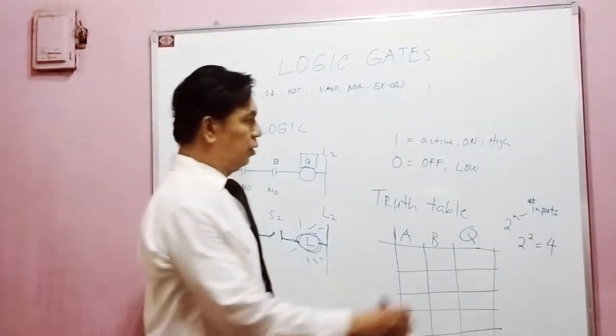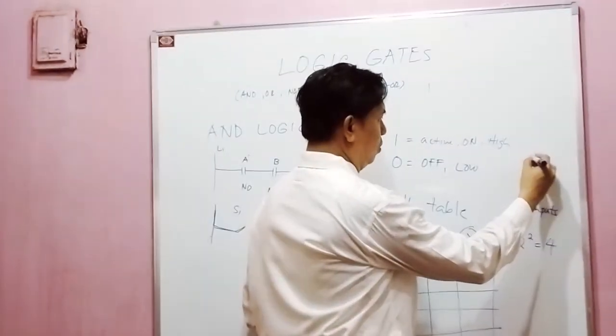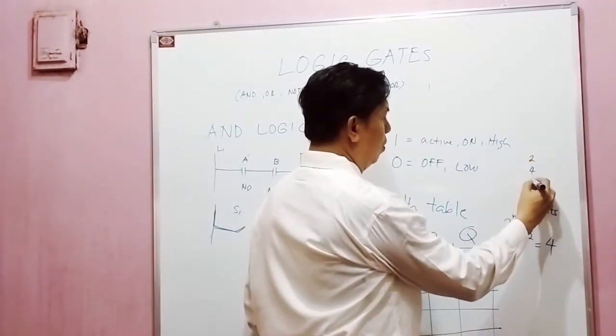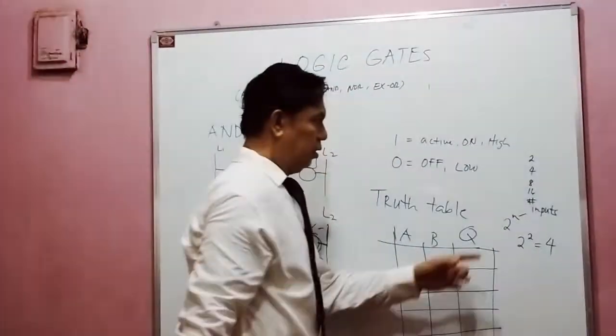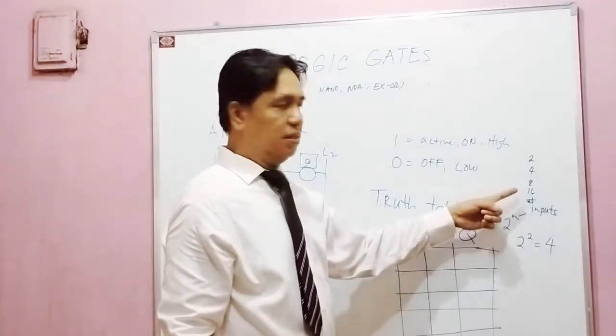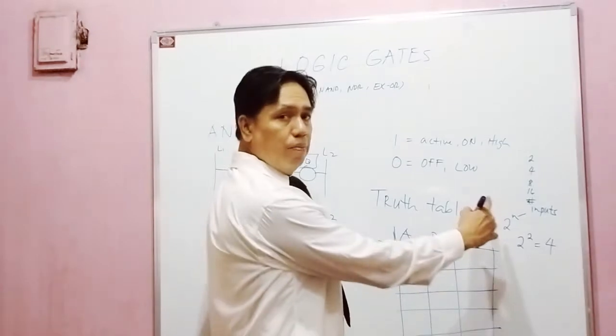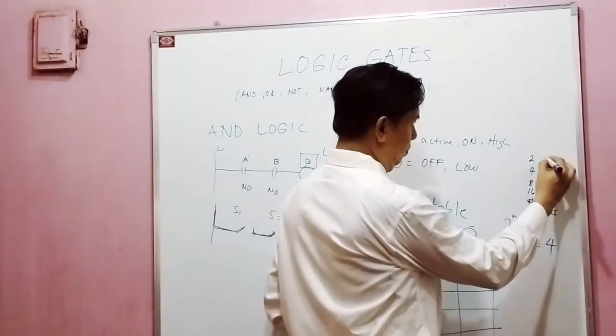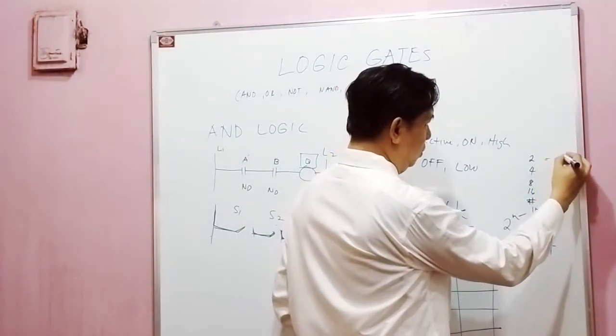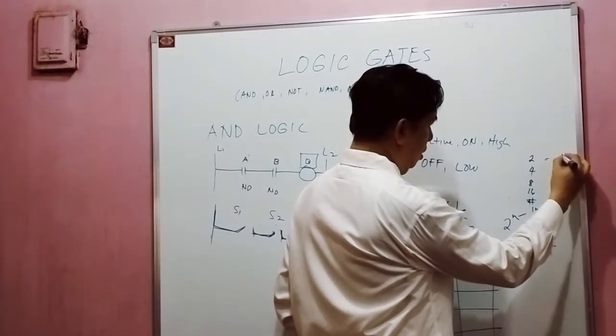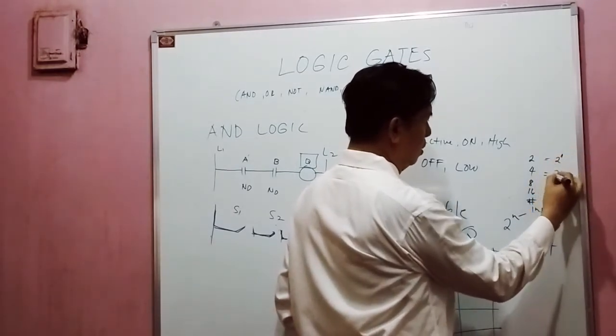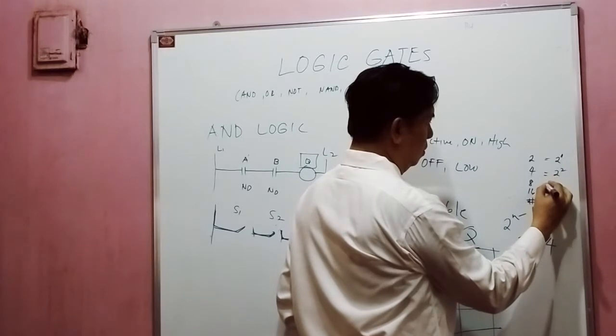And the truth table is in this configuration: 2, 4, 8, 16. You cannot find a 1, 3, 5, 7. So it's based on binary, because here 2 to the 0, 2 to the 1 is 2. Here is 2 to the 2, or second power.